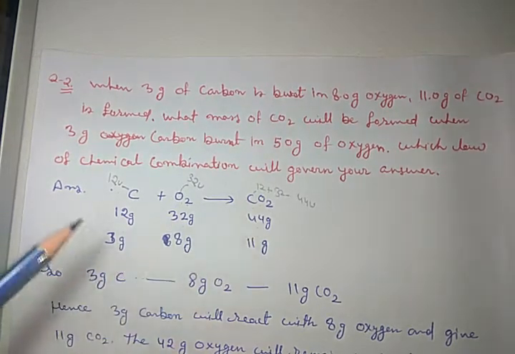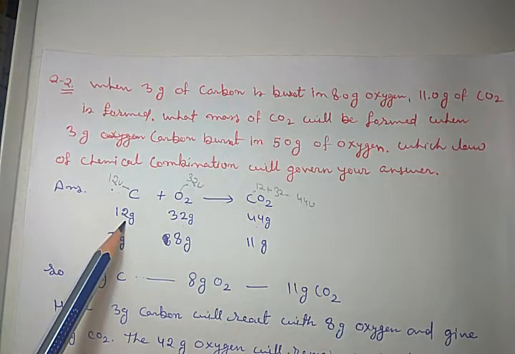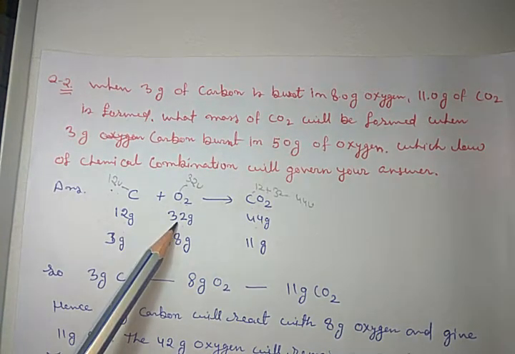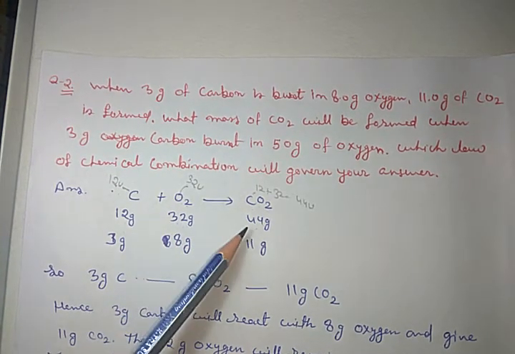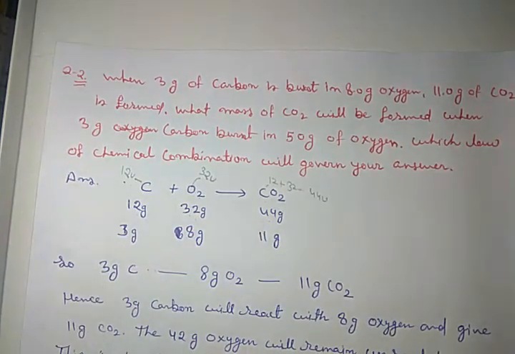So we can say that when 12 gram carbon reacts with 32 gram oxygen, it forms 44 gram carbon dioxide.